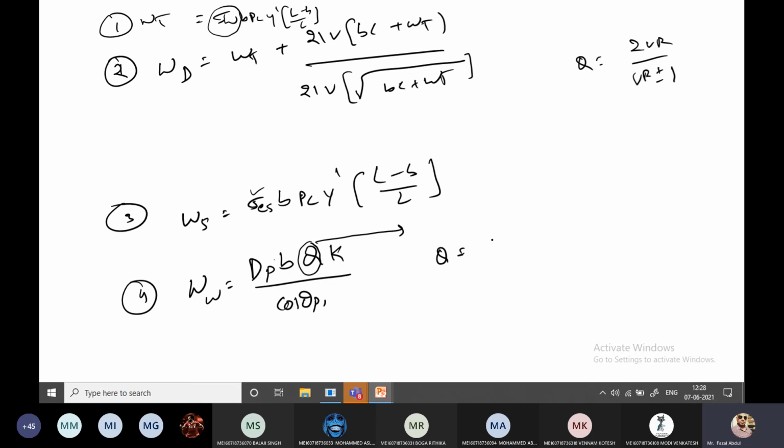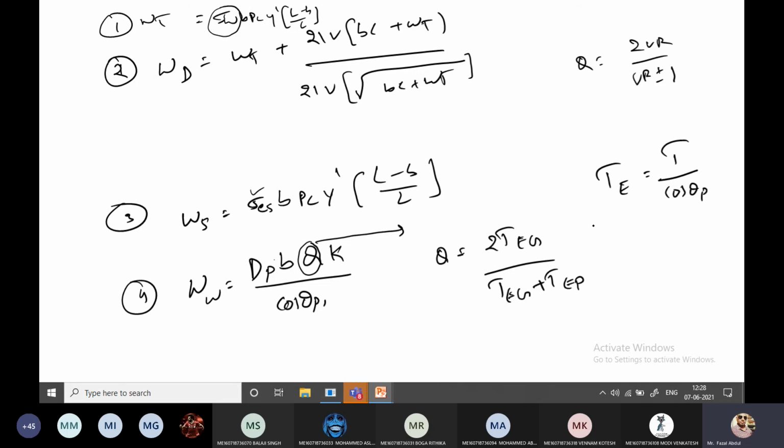Now here it is 2 into TEG by (TEG plus TEP). So what is TE? Just now we have seen in the previous slide: TE is equal to capital T by cos theta P.